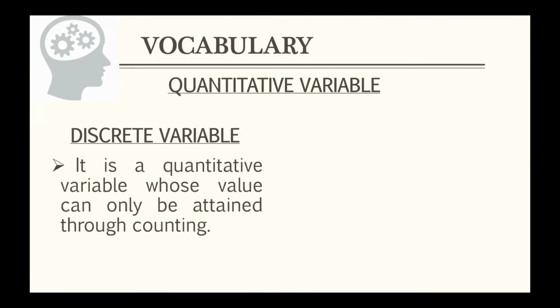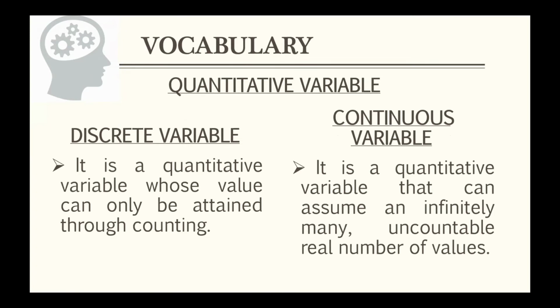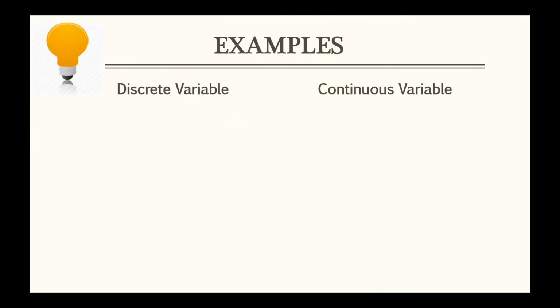Discrete variable is a quantitative variable whose value can only be attained through counting, while continuous variable is a variable that can assume an infinitely many uncountable real number of values.